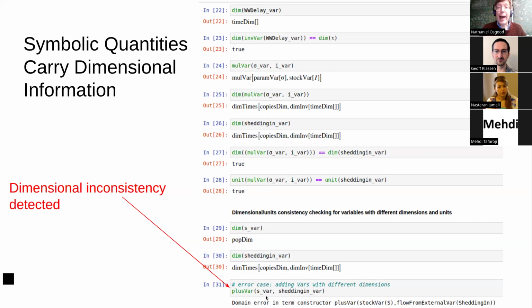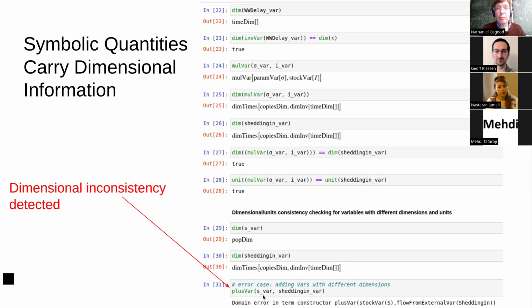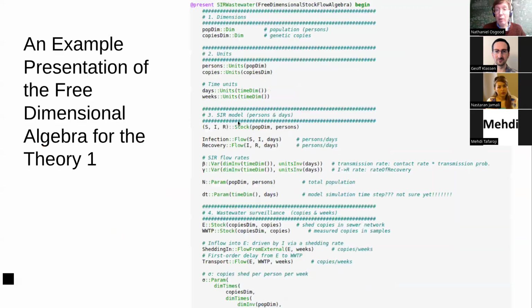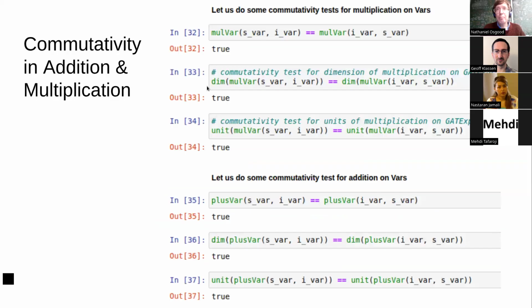Like if we try to add the value of S bar of susceptibles to the value of a flow, it'll say no can do. There's a domain error. In short, they're not of the same dimension. They're of incompatible dimensions. Here's testing commutativity. The dimension of S times I is the same as the dimension of I times S.